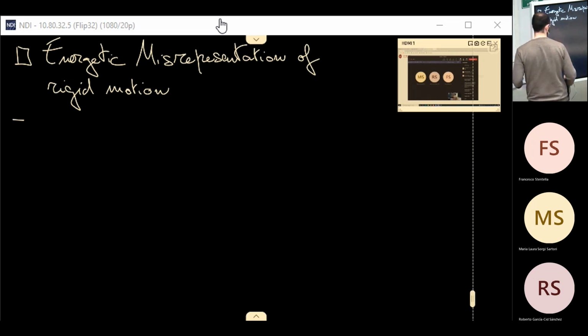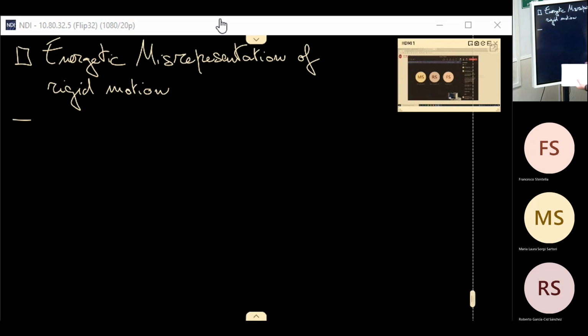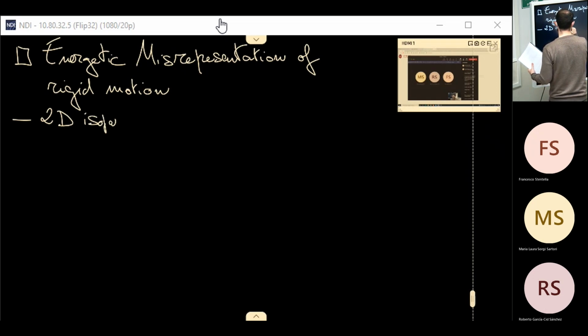We were in particular ascertaining the case of the 2D isoparametric rectangular element.